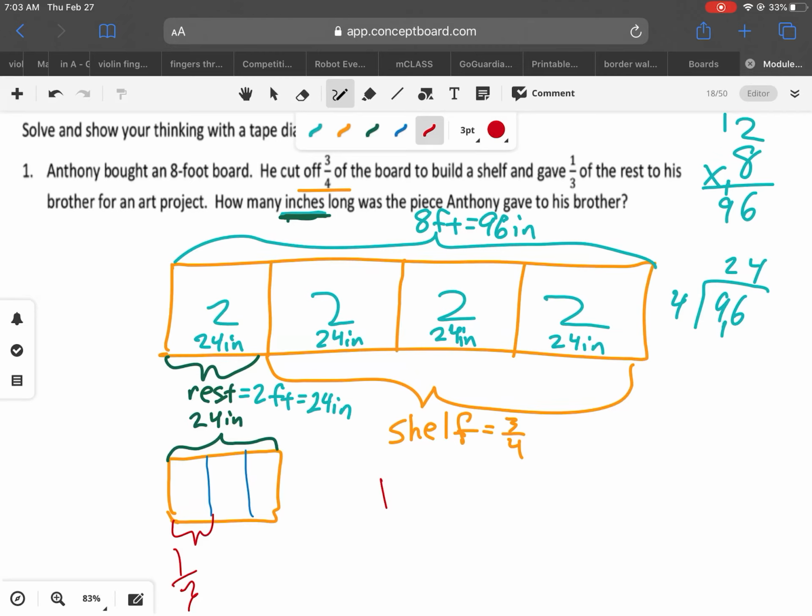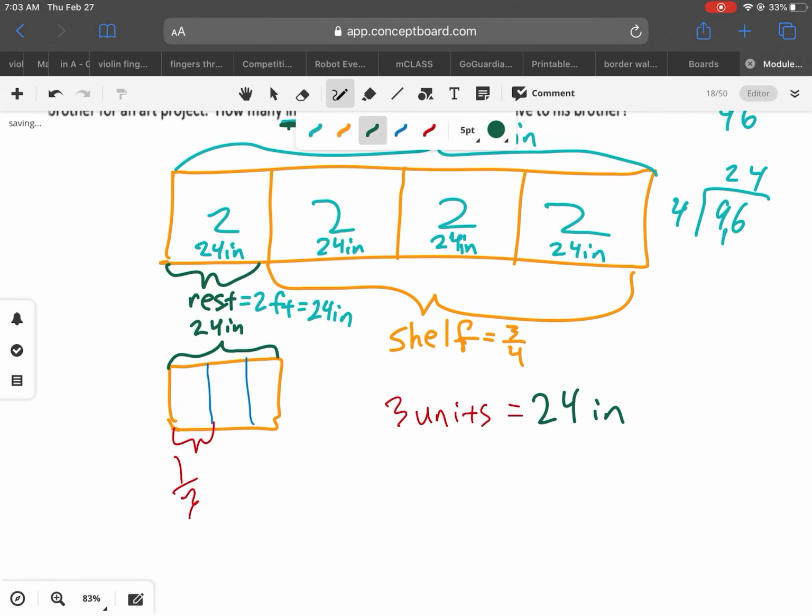1/3. So 1/3. Okay. Sorry, there was a phone call. So it says 3 units is equal to 24 inches. So now, in order to get 1 unit, we divide both sides by 3.